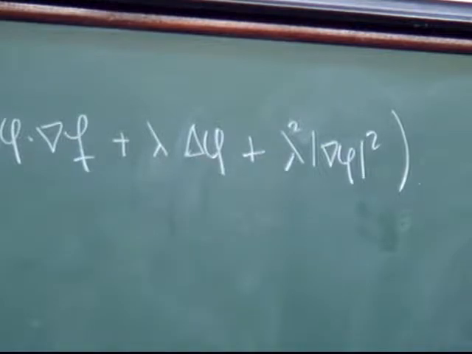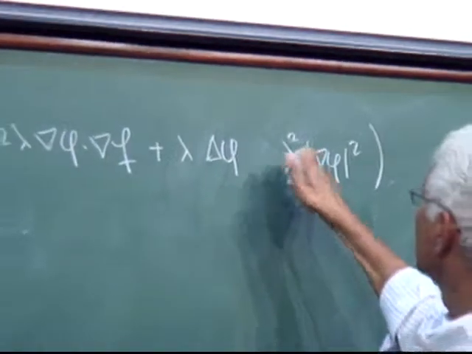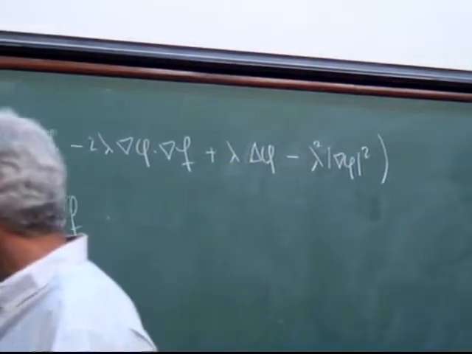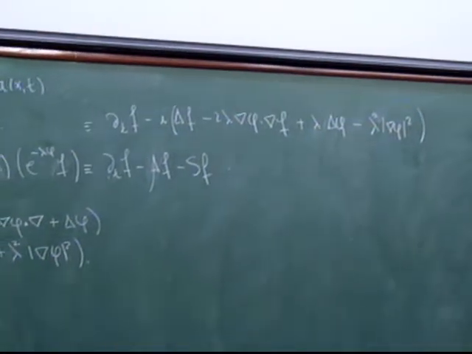Okay, let me see, this is plus lambda square, minus, and this is a square here. Okay, this is the equation.